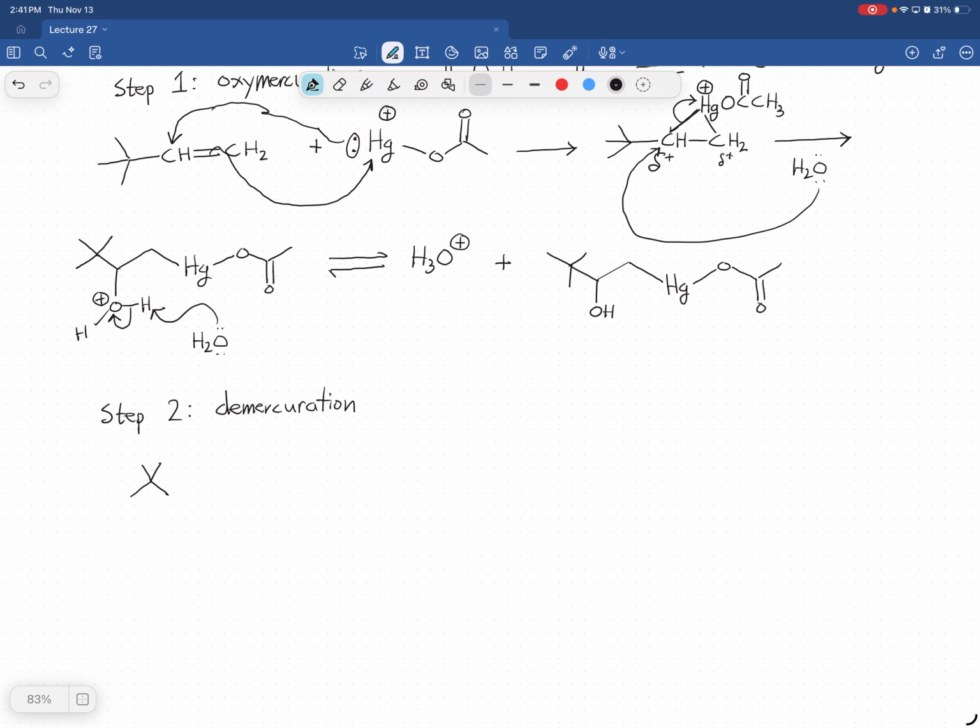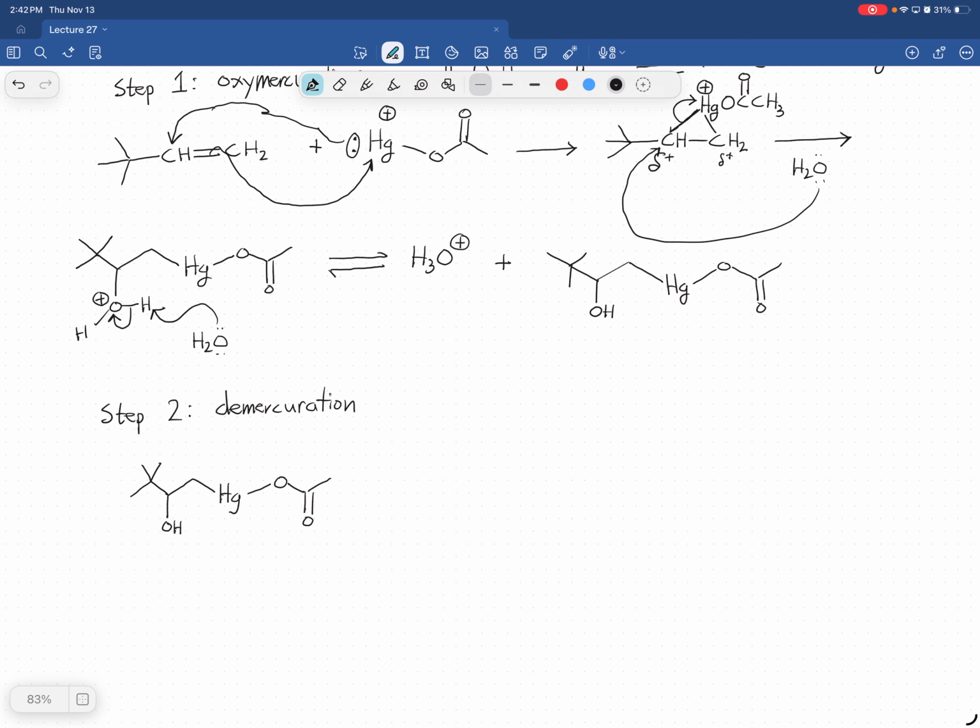If deprotonation is removal of hydrogen from a molecule, then demercuration is probably removal of mercury. So this mechanism is special in the sense that it operates through a radical pathway. But don't worry, I won't ask you to reproduce this one, okay? It's not even in the book.